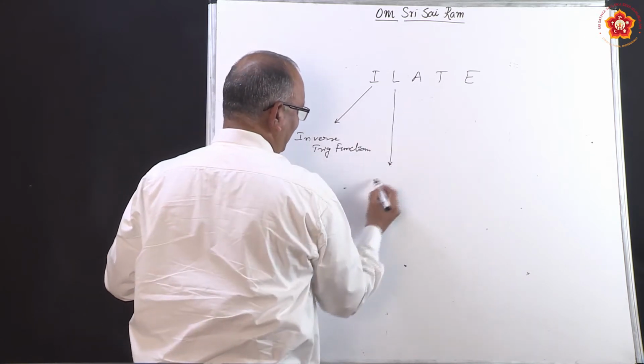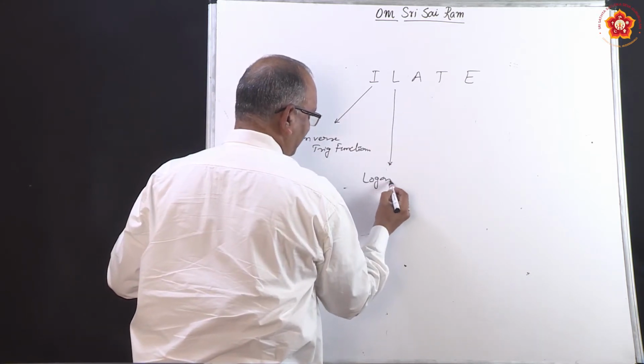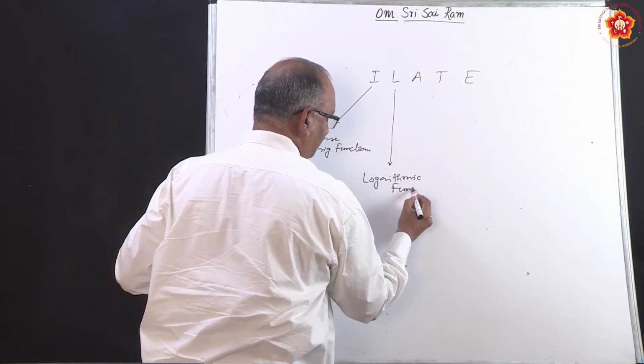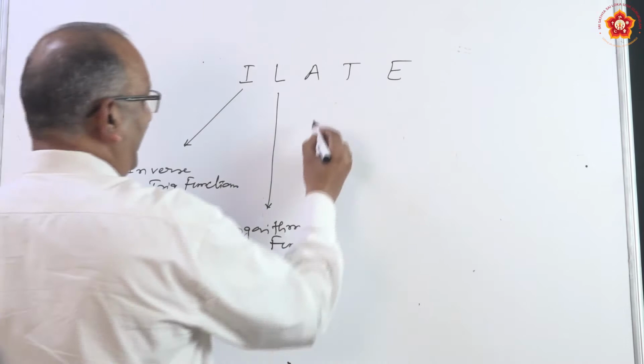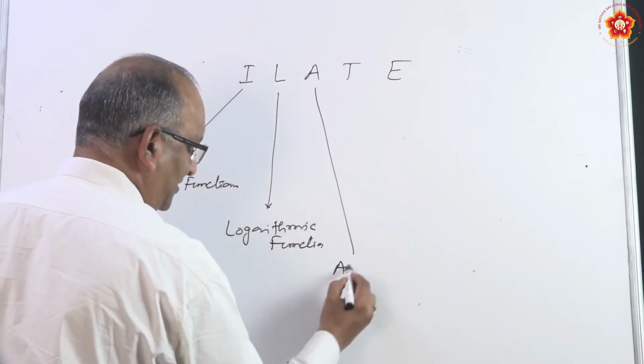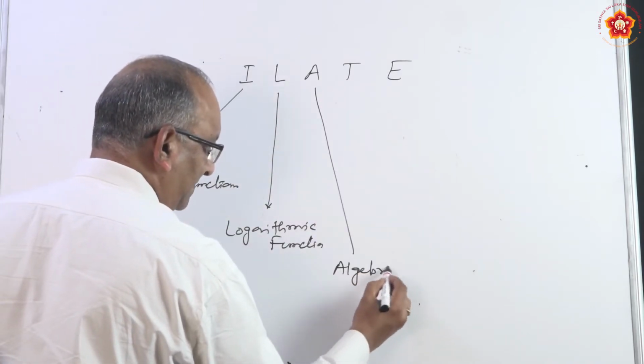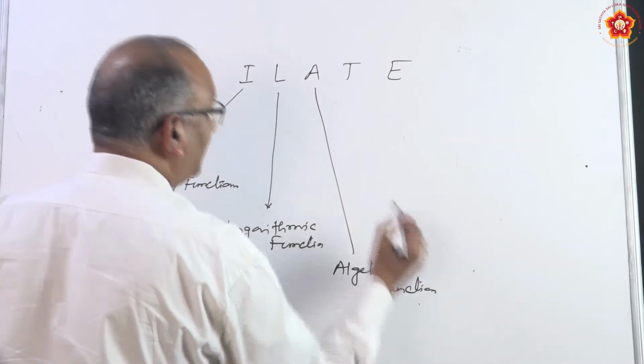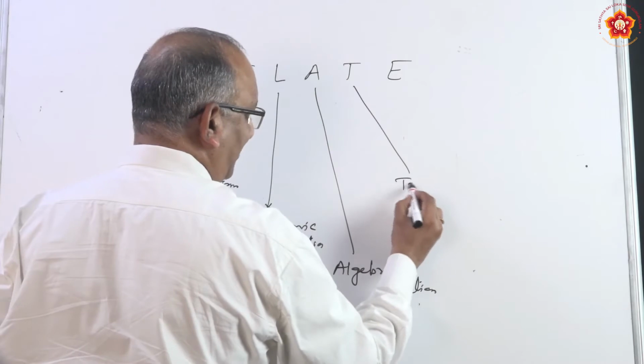L stands for logarithmic functions. A stands for algebraic functions. T stands for trigonometric functions.